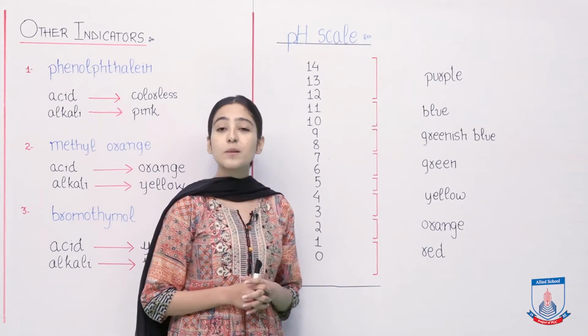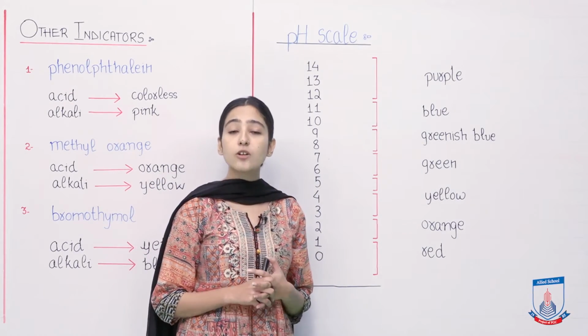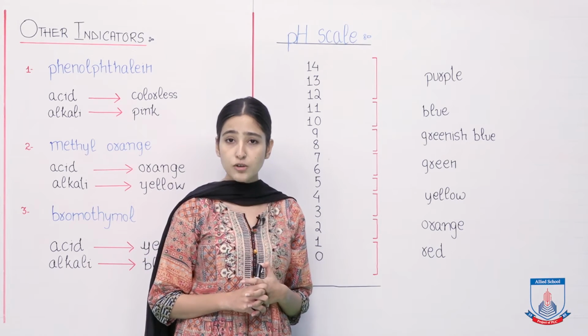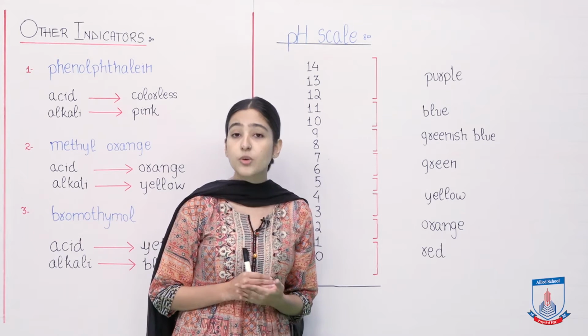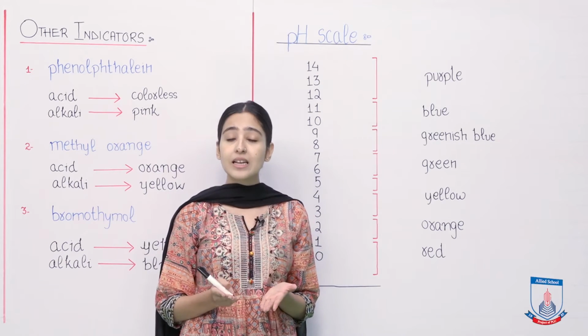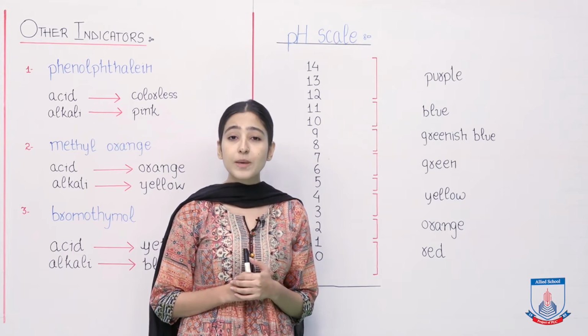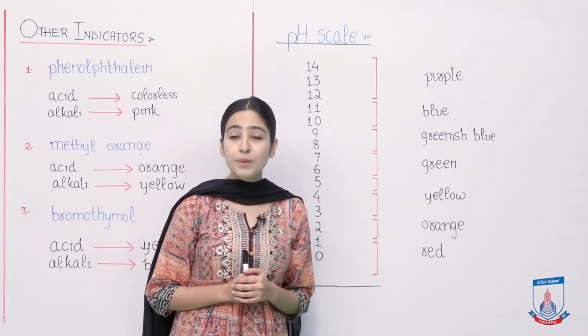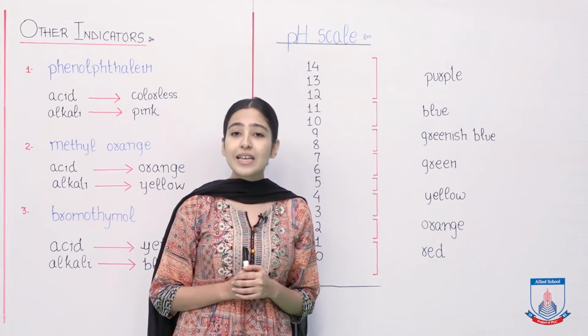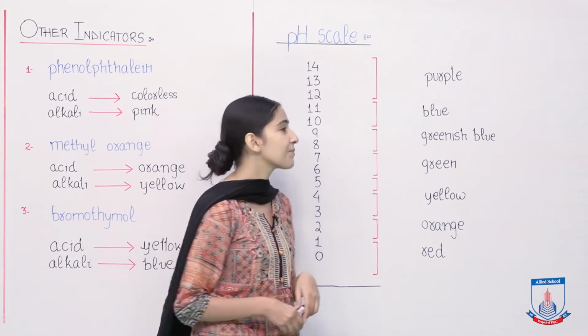Now we will study the pH scale and we will see how the pH affects the color of a solution. We have already read that a solution with a pH greater than 7 is alkaline and a solution with a pH less than 7 is acidic. Now we know that pH 7 is neutral. Let's see how it varies.